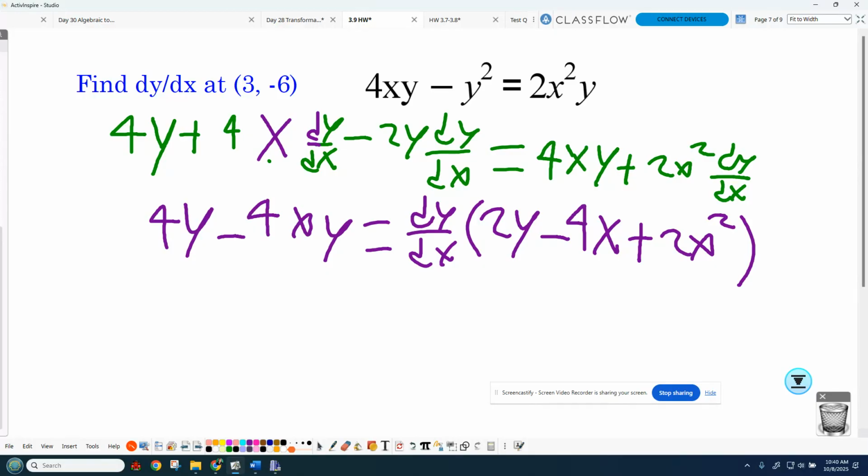Done in a strange way, but okay. I agree. I can divide both sides by that, so that would be, well, I can factor out a 4 here. Change it back down to 4y. Oh wait, I didn't see that, yeah.